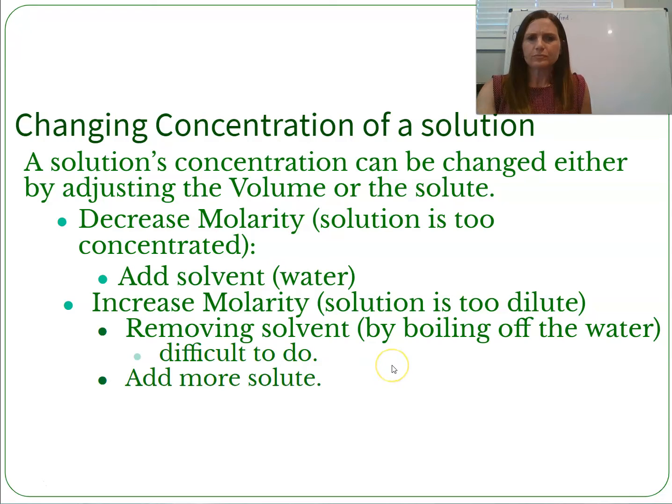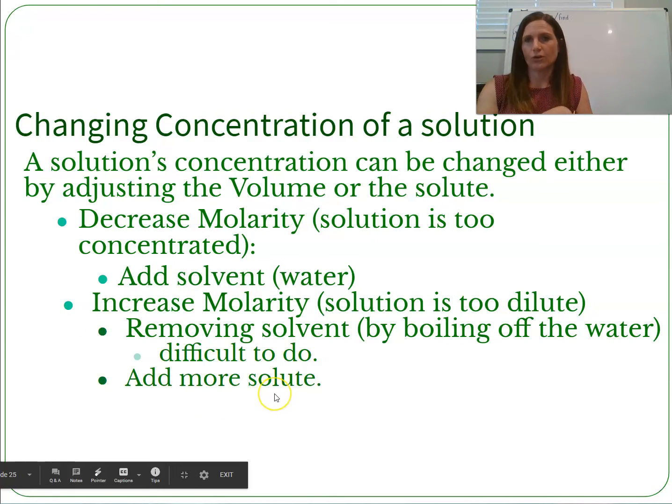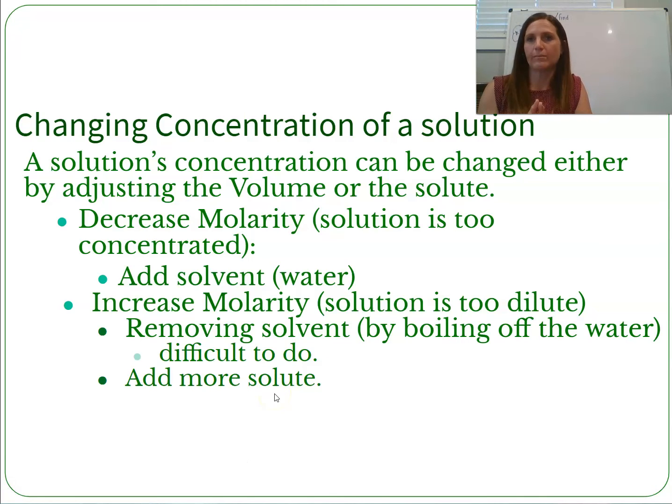But in general, we don't want to remove solvent from a chemical, mostly because heating it isn't always stable. So for our purposes, we will either be decreasing molarity by adding water or increasing molarity by adding solute. That's what's permissible in our general chem class.